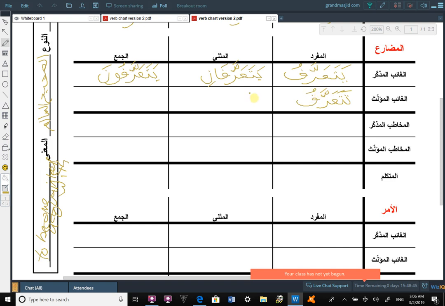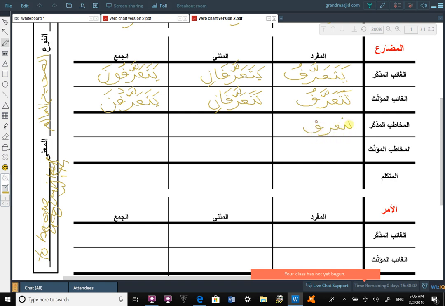We want to make it dual, alif al-ithnain and noon for marfu. Tata'arrafani. We want to make it plural, we add the noon of niswa. Yata'arrafna. And here, anta tata'arrafu.